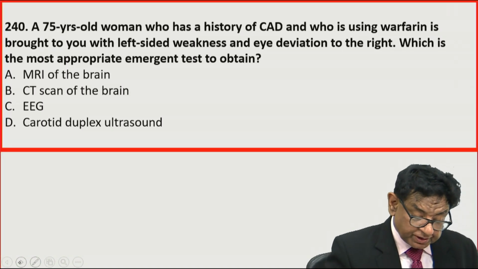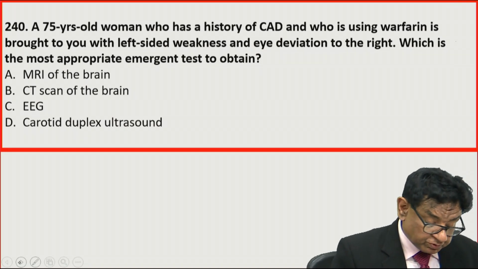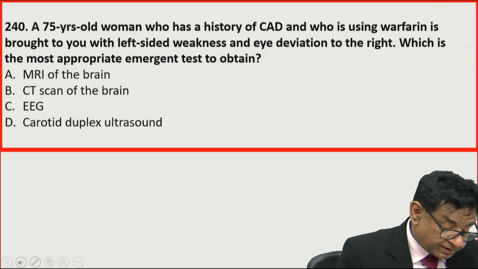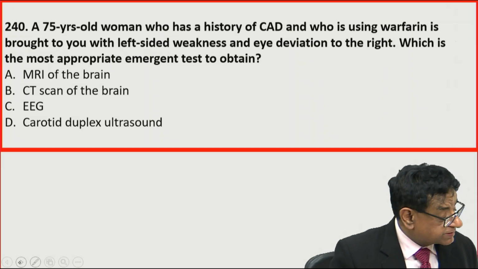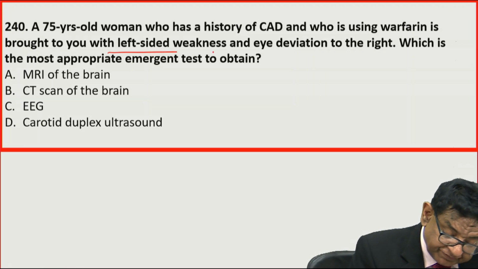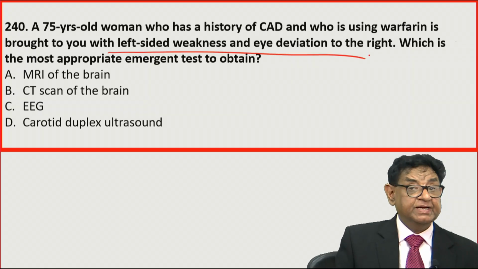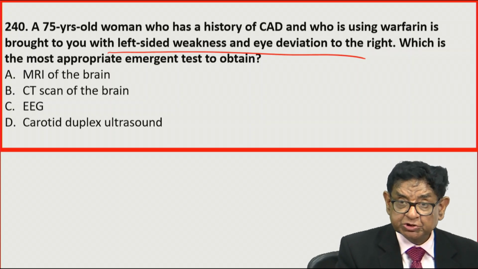Well, question 240: we have a patient of CAD who is using warfarin, and you find that he has left-sided weakness and eye deviation to the right. Again, sudden onset of focal deficit is a case of stroke.